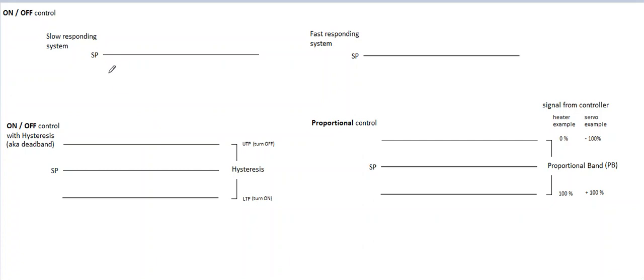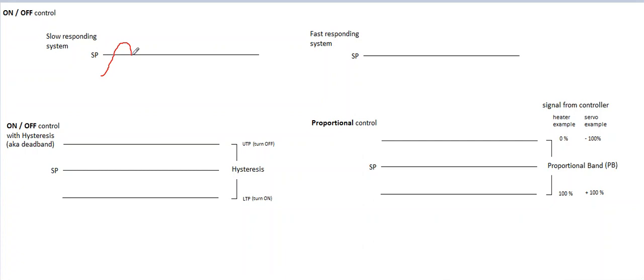If your system is below temperature, below the set point, then this control method will call for heat. It'll turn the system on, and it'll start heating. So let's say you're down here, and then here comes the heat, and it's rising, rising, rising. As soon as you hit and go over the set point, it'll turn off, but the thermal mass of the system might keep it going a little bit, and then it's going to start to cool down.